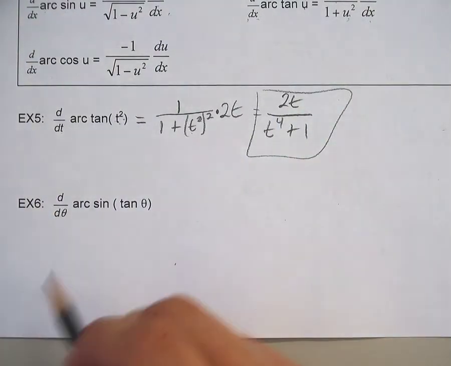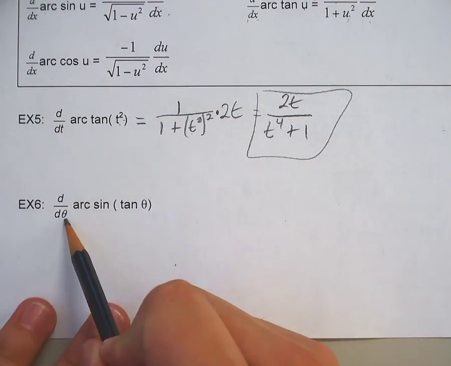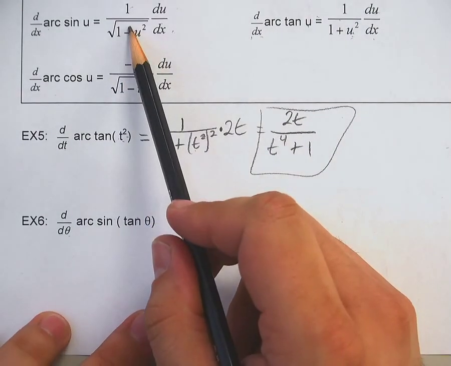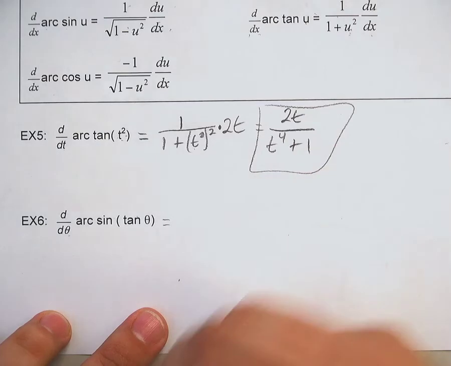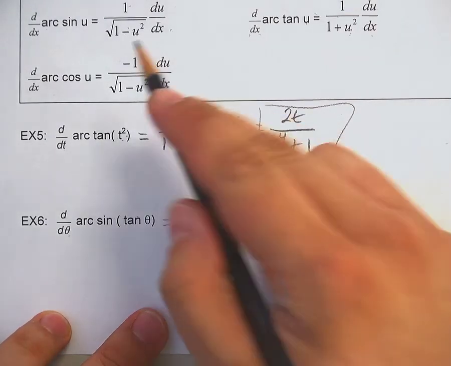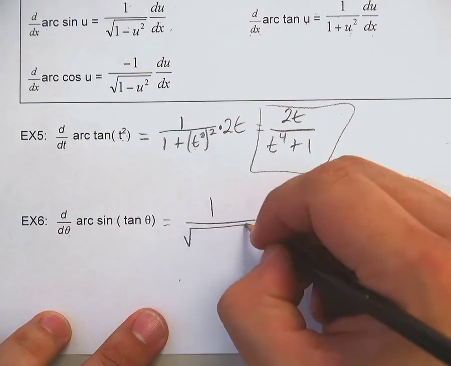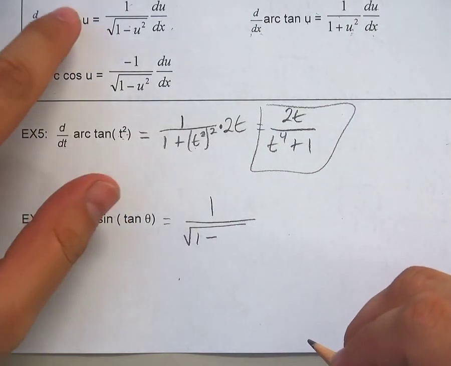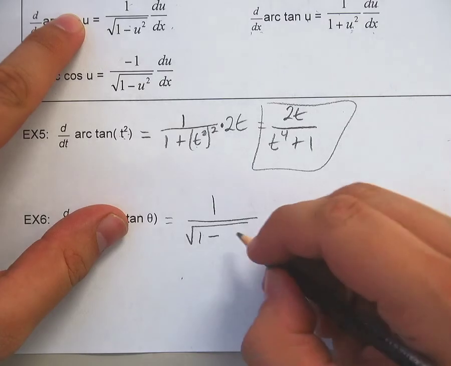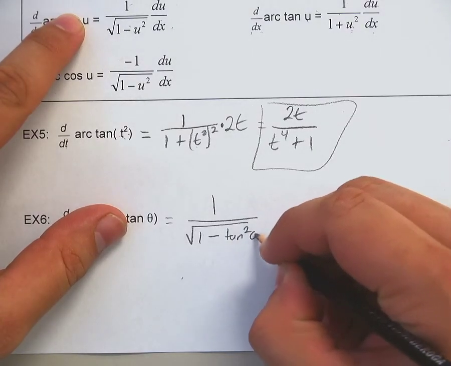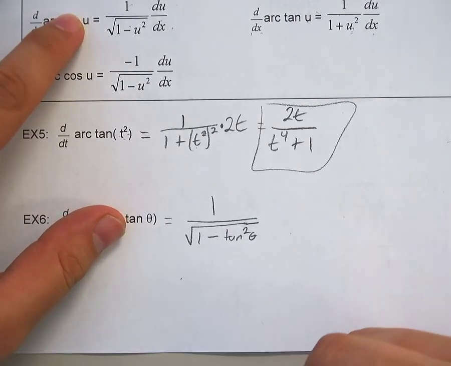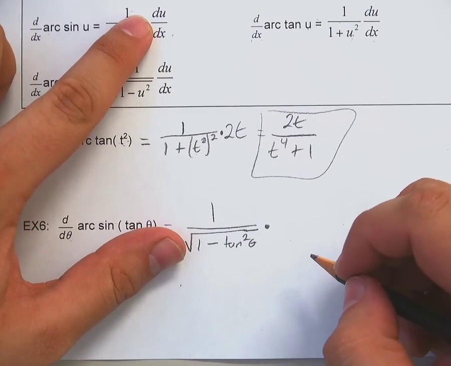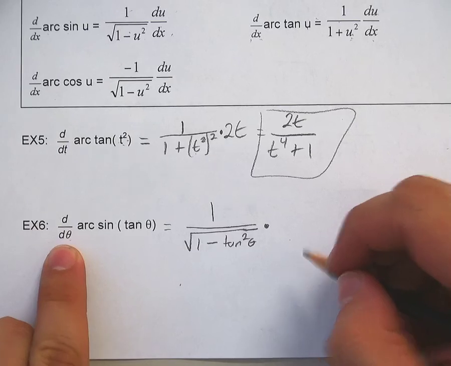Example 6, the derivative with respect to theta of the arcsine of tangent theta. Here we go, right here, right? That's going to be 1 over, copy my formula, the square root of 1 minus, now u squared, u in this case is tangent, so tangent squared theta, times the derivative of u, in this case with respect to theta.